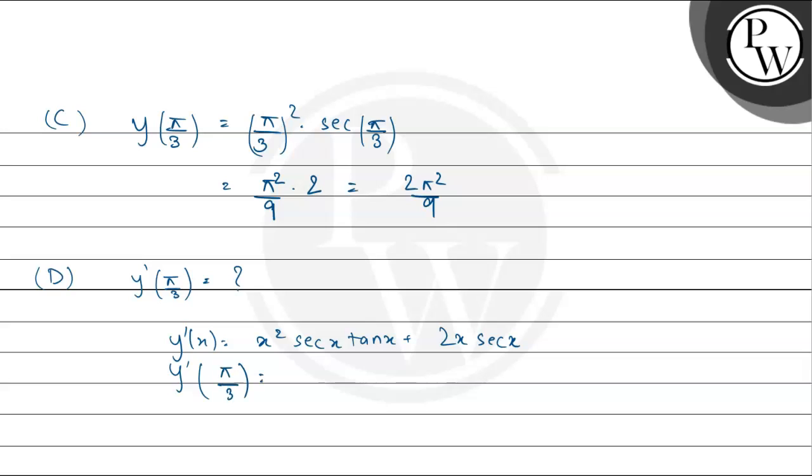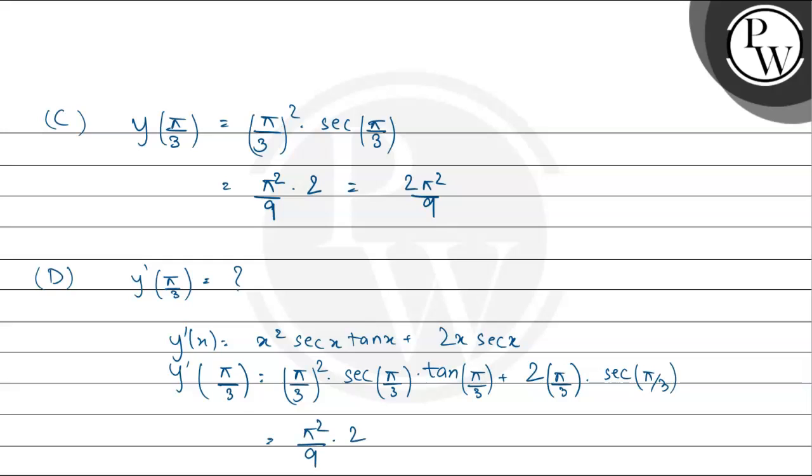would be pi upon 3 whole square times sec of pi upon 3 times tan of pi upon 3 plus 2 times pi upon 3 times sec of pi upon 3. So pi upon 3 whole square is pi square upon 9, times sec of pi by 3 which is 2, and tan of pi by 3 is under root of 3, plus 2 pi upon 3 and sec of pi by 3 is also 2.